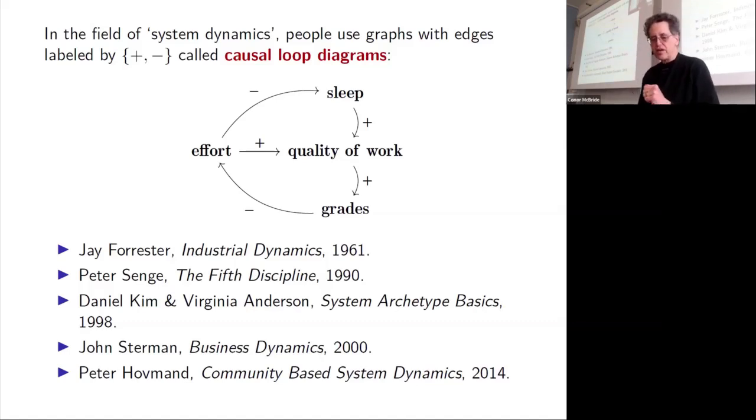And then finally, in creating these models, Nate has pointed out that what you want to do is go in and interact with a community of people who are having the problems that are to be modeled, and you need to sometimes show them these diagrams to show them your model and get them to critique it and improve it. And Peter Hovmand formalized this to some extent in a book called Community-Based System Dynamics.